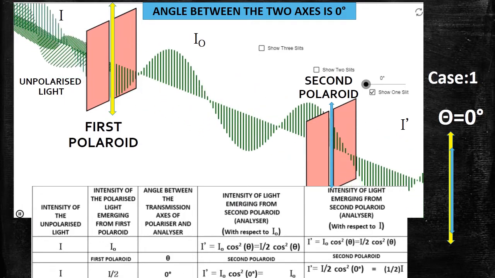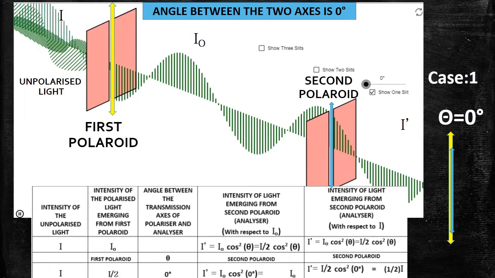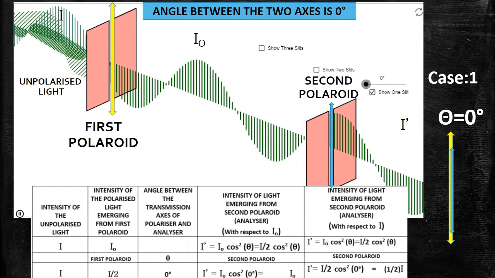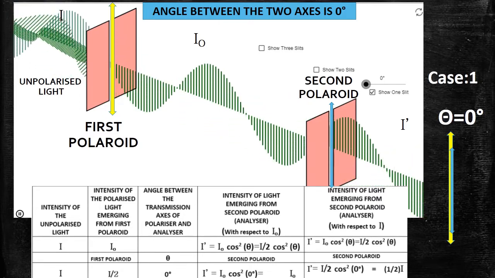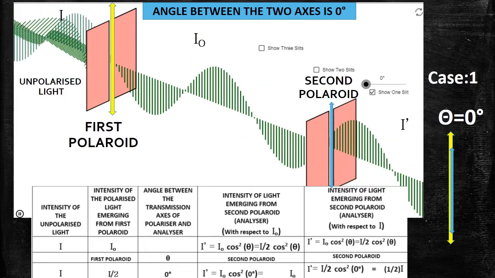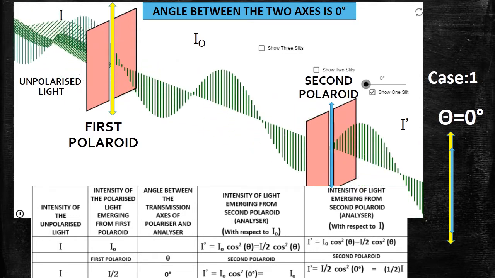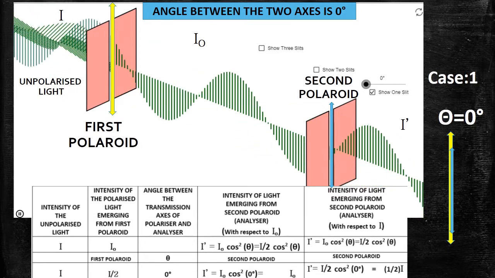Now we are going to learn how to calculate the intensity of the light which emerges out from polaroid 2 by using Malus law. Here unpolarized light whose intensity is taken as I is allowed to pass through the first polaroid. After passing through the first polaroid, the emerging light will be polarized light.